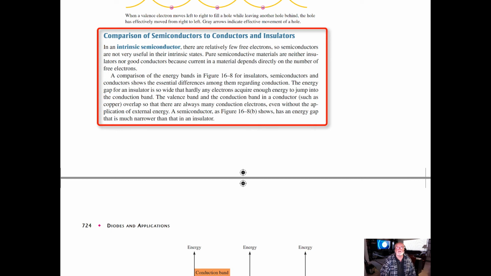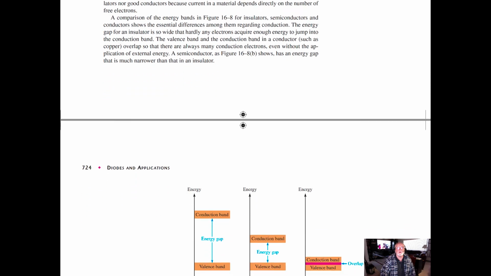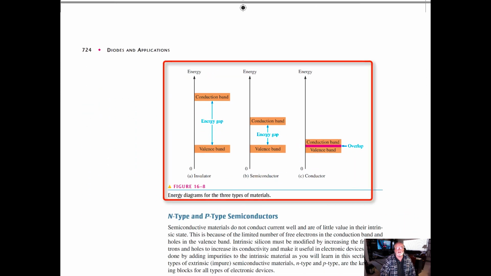A semiconductor has an energy gap that is narrower than an insulator, so it's in between that of a conductor and an insulator. We can see that here when we look at an insulator, a semiconductor, and a conductor. With the semiconductor, we have to tease it or excite it so that we get the flow of electrons.